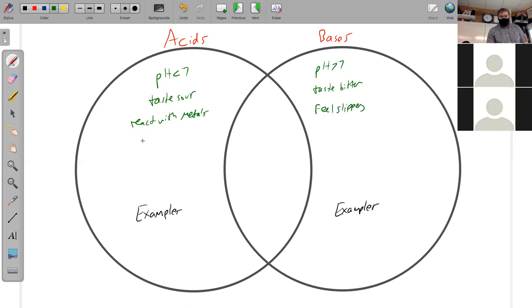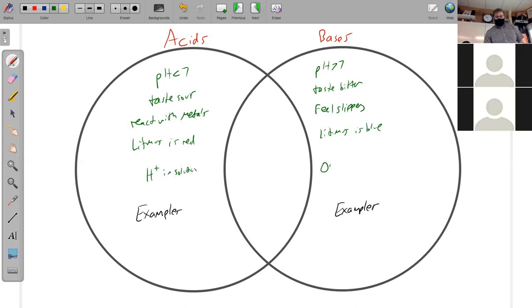Let's see, for acids, litmus is red. For bases, the litmus is blue. For acids, there's other indicators, like phenolphthalein is colorless, but for bases it's pink. In acids, there's always hydrogen ions in solution.